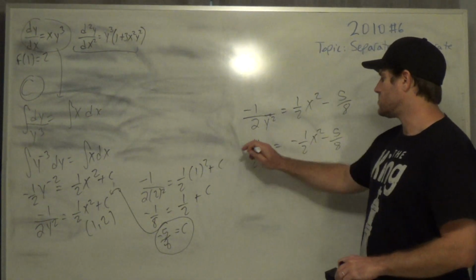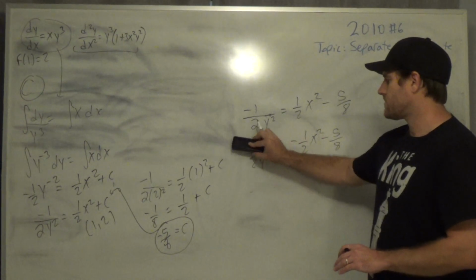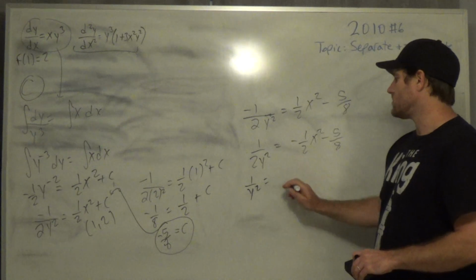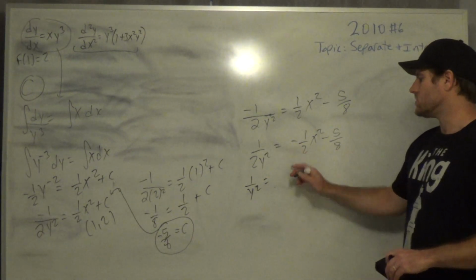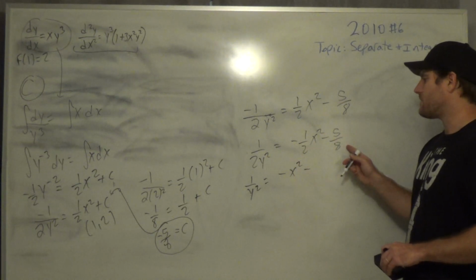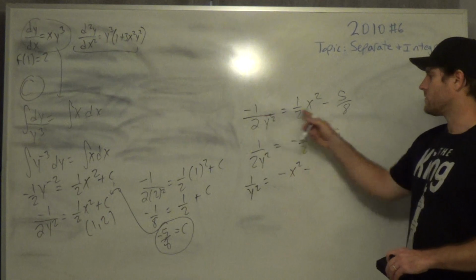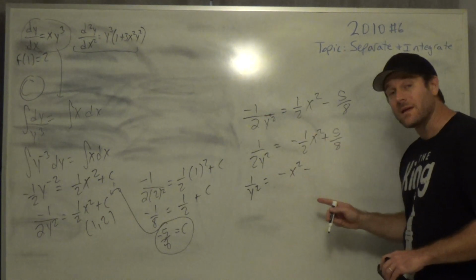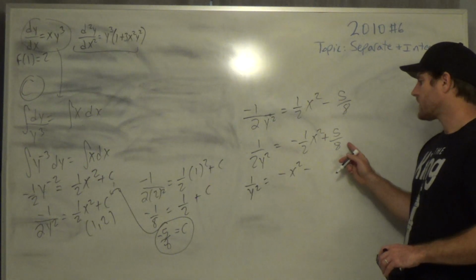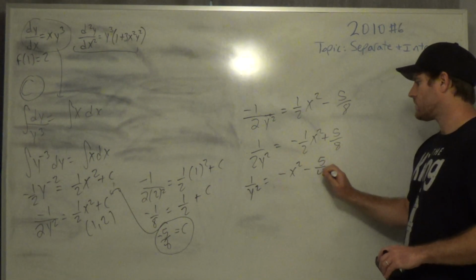If I multiply the 2 to the other side, I now have 1 over y squared equals, if I multiply that by 2, that's just a negative x squared. And if I multiply that by 2, oh, that should have been a positive from earlier when I multiplied by a negative. I'm doing bad today. Bad Python. Okay. When I multiply this by 2, I get 10 over 8, which is 5 over 4.